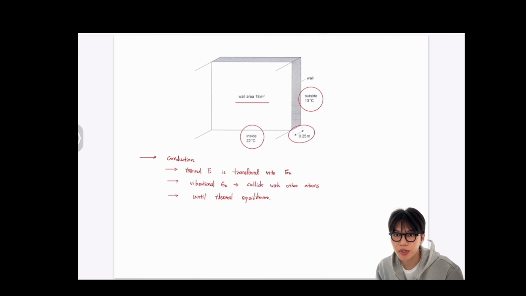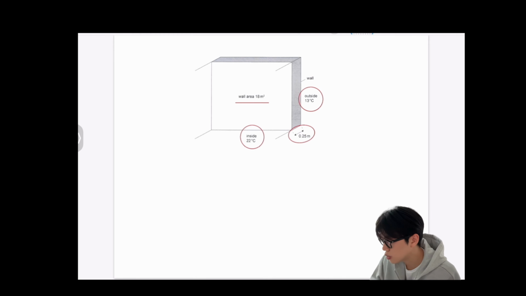In question B, they asked to estimate the rate at which the thermal energy leaves the room through the wall, giving the answer with an appropriate unit. So they asked for the rate at which the thermal energy leaves.